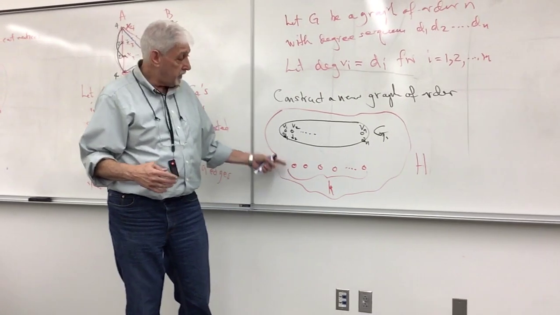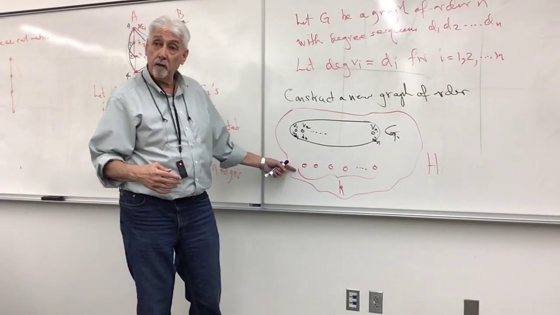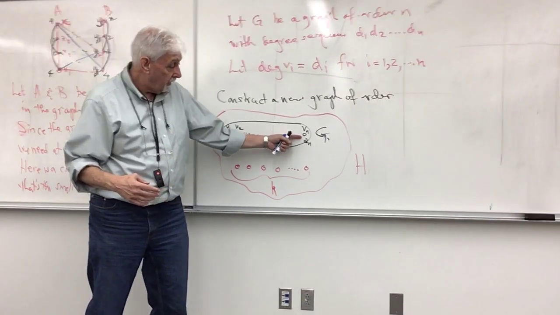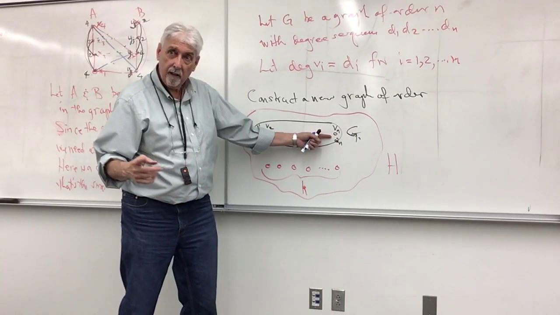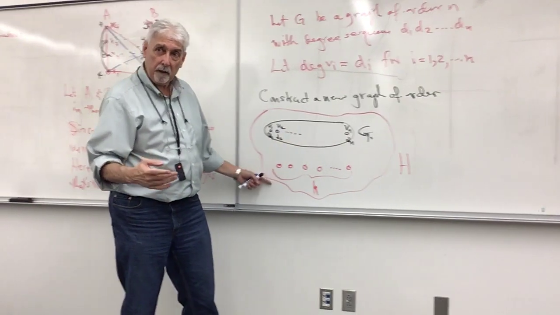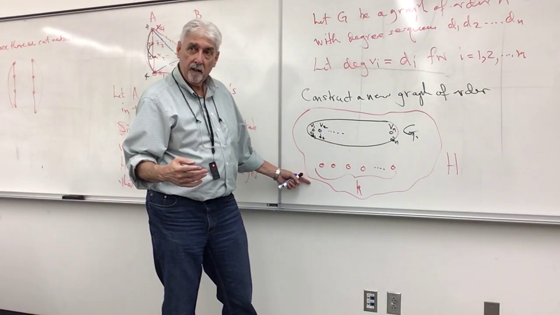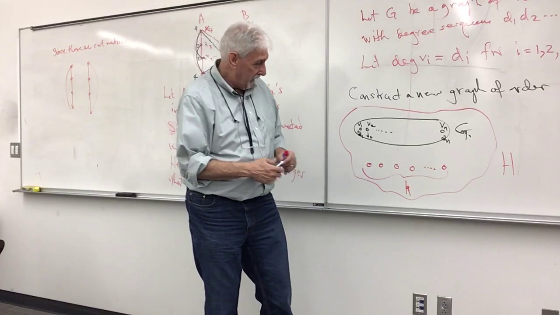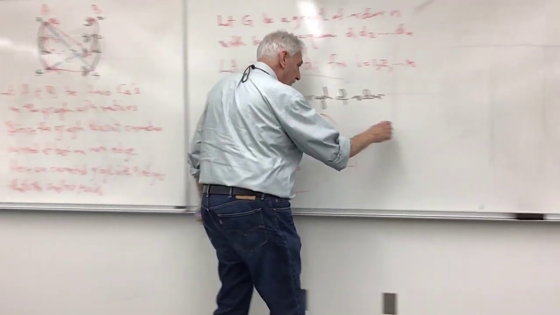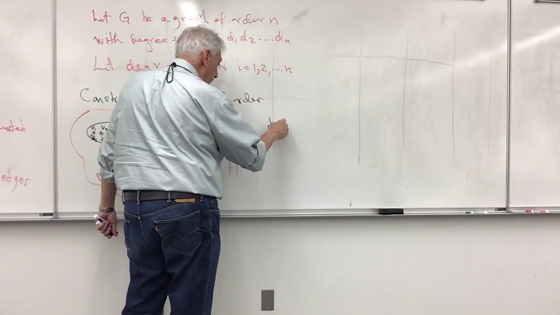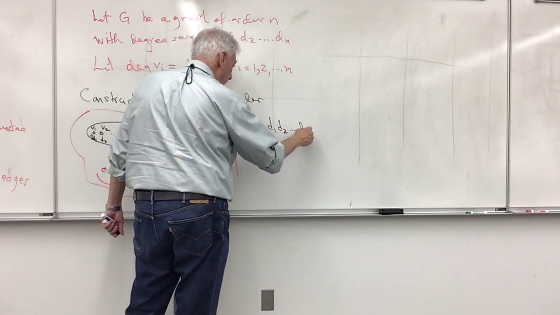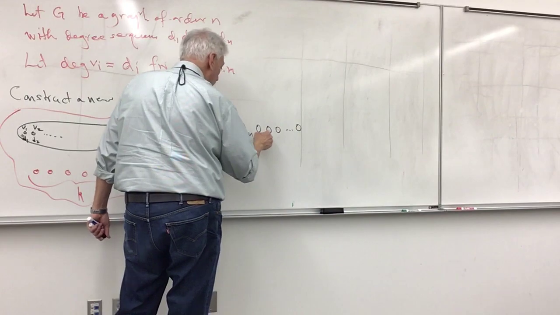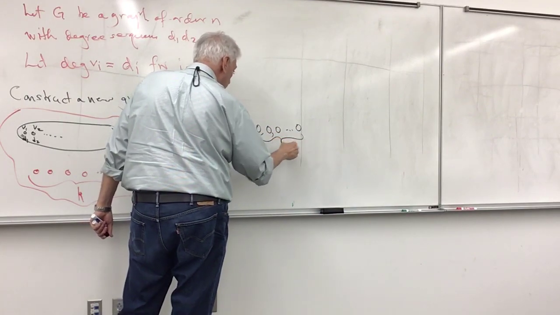So the degree sequence of H now is D1 through Dn, still the same, plus k zeros: D1, D2, Dn, 0, 0, 0, k times.